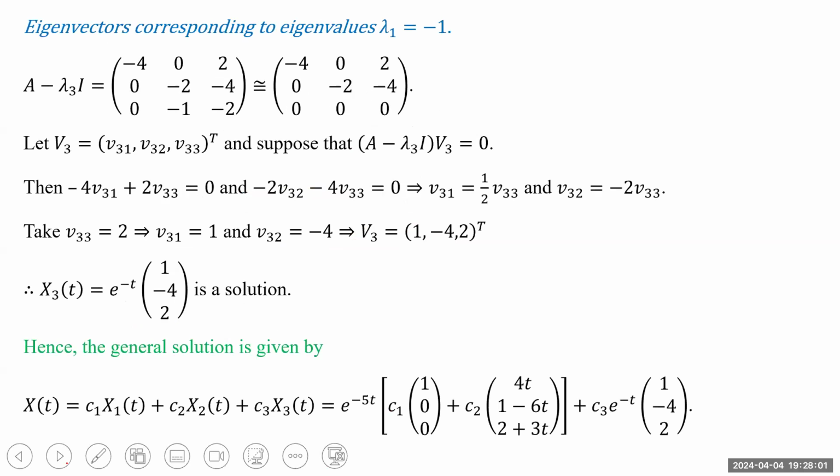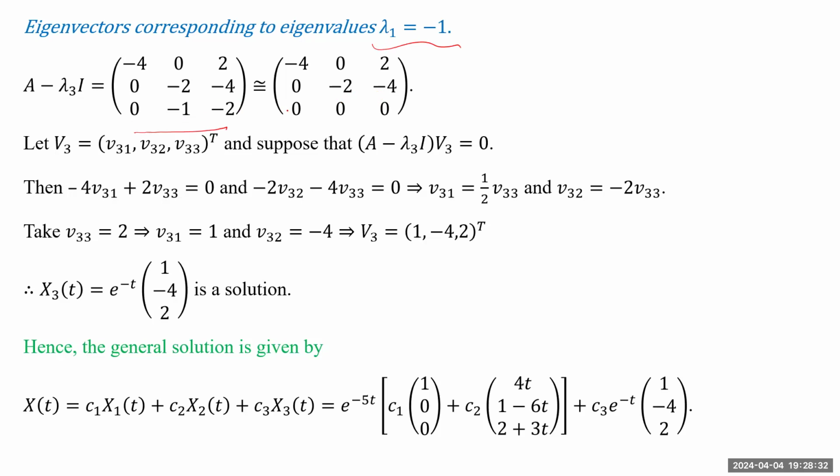And you can see the last one in the same way. There is no repeated eigenvalue, so you can find it easily. So this is your lambda 3 I. You can make this a row echelon form. Again here, that's what I am saying in class: the 3 by 3 matrix is very simple because it is easily reducible to the row echelon form.